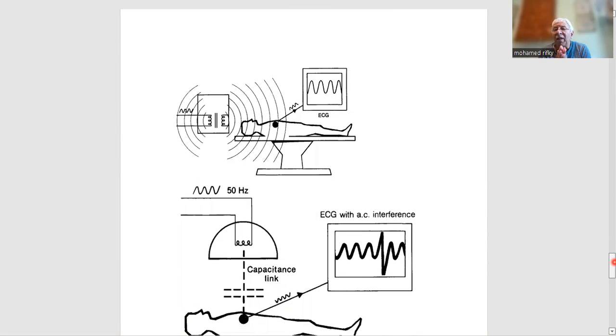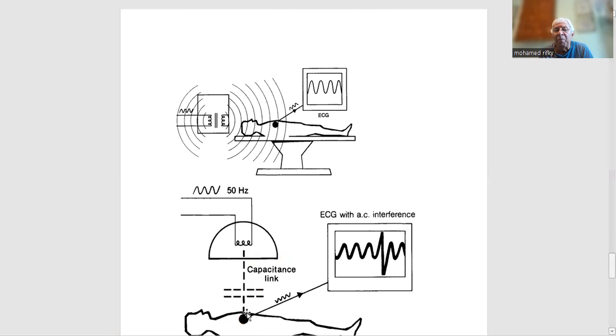This is what we call the inductive capacitor coupling. You see, these are present in most electrical equipment, or most electrical equipment contain an inductor, which is simply a wire. This wire may be called a capacitor. So all this creates a potential. This potential may interfere with, suppose, as you can see, the ECG.